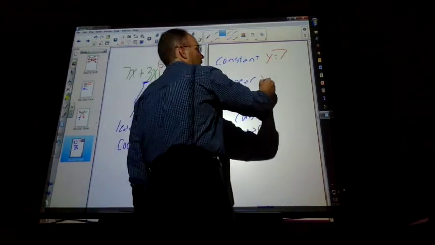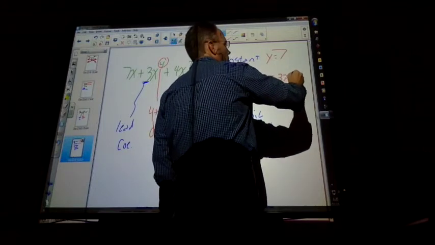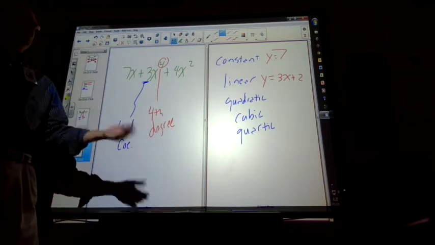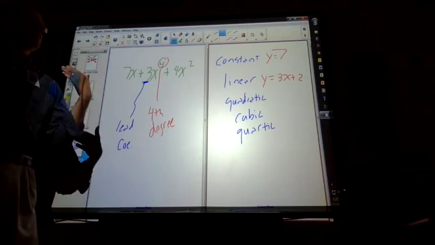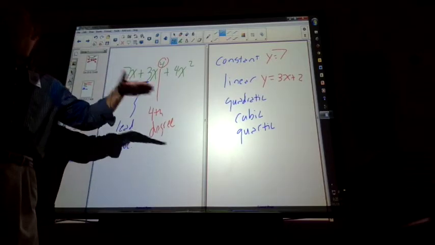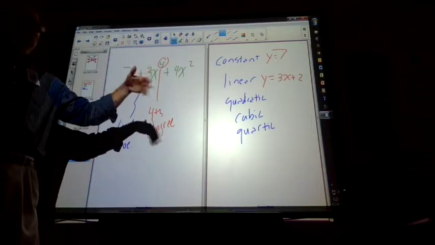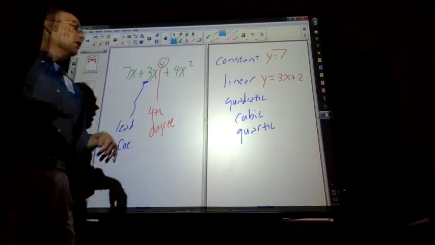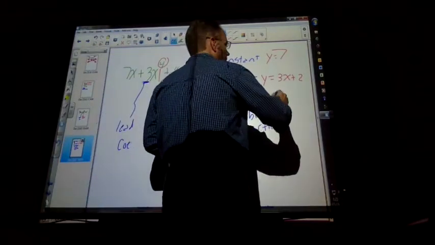Linear would be like if you had y equals 3x plus 2. Okay? Also forms a straight line. Constant and linear kind of go hand in hand because if it is constant, it's just a horizontal line. Linear means it forms a line. Quadratic means it's squared.